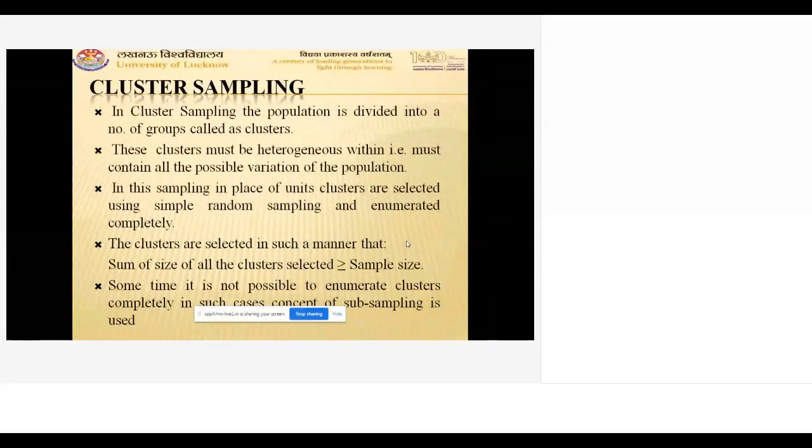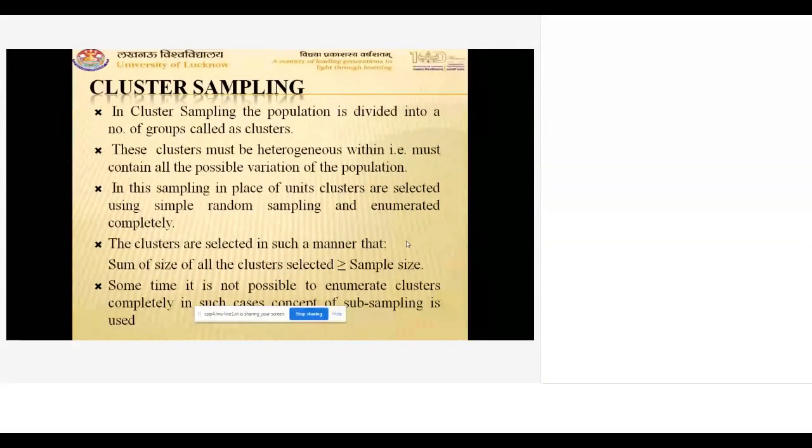And in cluster sampling, we can select one or two or more clusters in such a manner that the sum of the sizes of the clusters selected should be greater than or equal to the size of the sample we require.